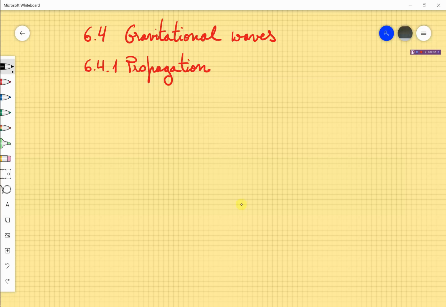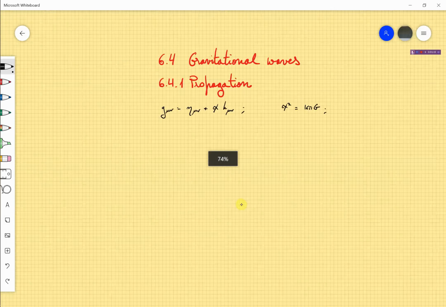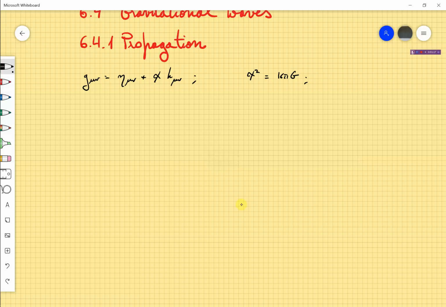We found that expanding the metric around Minkowski as a perturbation that was controlled by this parameter chi, such that chi squared was 16 pi G, and now I am going to use units of c equal 1.